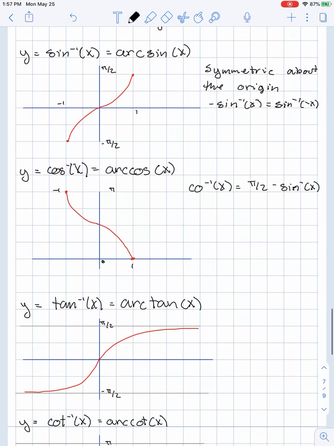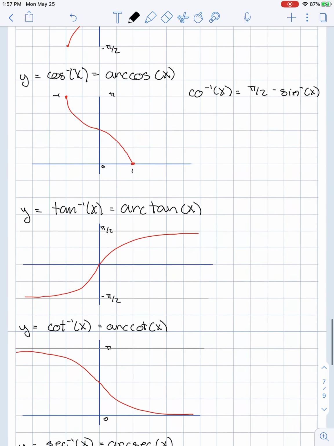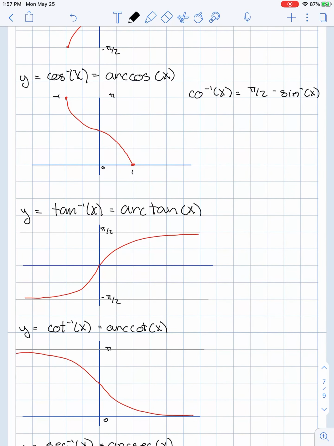Alrighty? So let's go look at arctan and arccotan. Arctan is also symmetric about the origin, also making it an odd function, similar to sine, so we can say tan inverse of negative x will equal negative tan inverse of x.